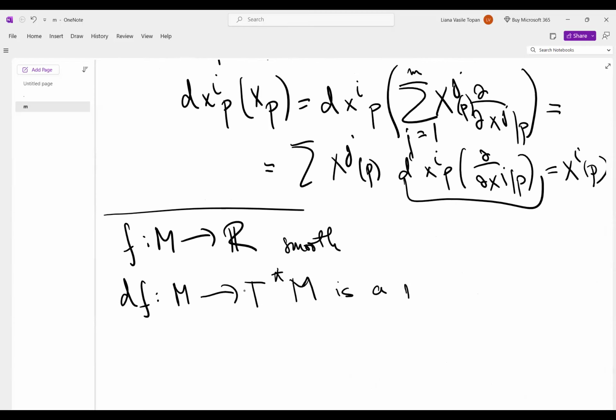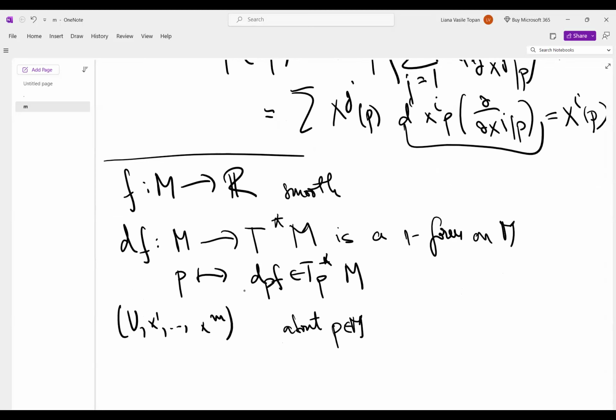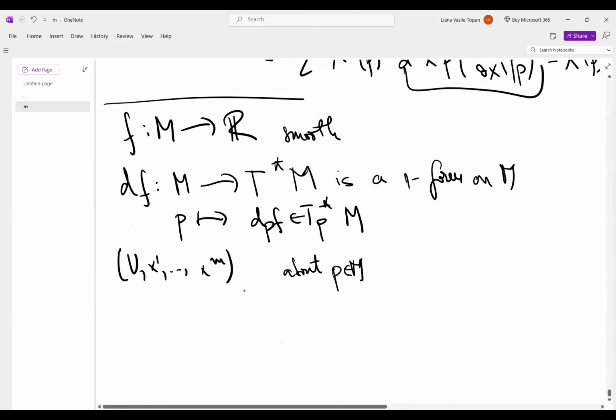So this can be seen as a one form on M. Every P goes into the differential of f at P, which we saw is a cotangent vector at P. So this means that the differential is a linear map from TPM into R. Now if we take a basis here, so if about the point P you take a chart, you will have coordinates x1 to xm about the point P. Then what is the basis for the cotangent space TPM star? Well, this is given by dx1 at P up to dxn at P.